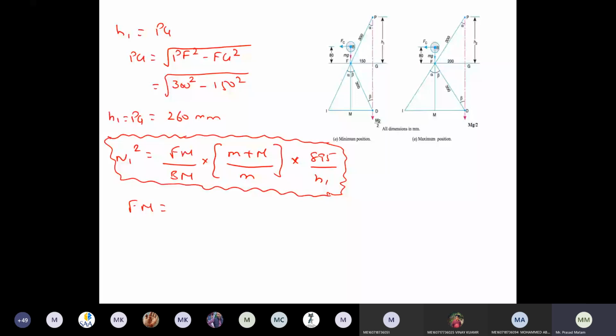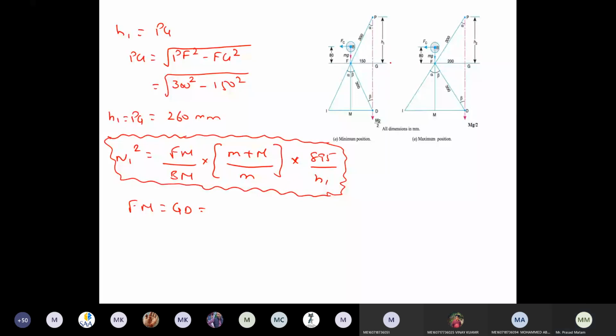Okay, how to find the FM value? This is the FM length. Now tell me how to find FM. FM is nothing but GD. You can see here on the minimum position diagram. FM is nothing but equal to GD, since here you can see the upper arm length and lower arm length are equal.